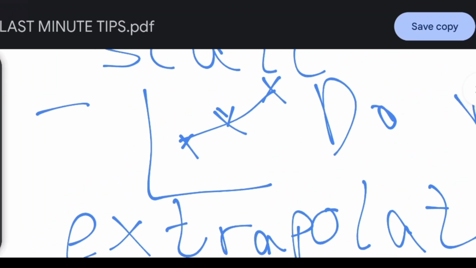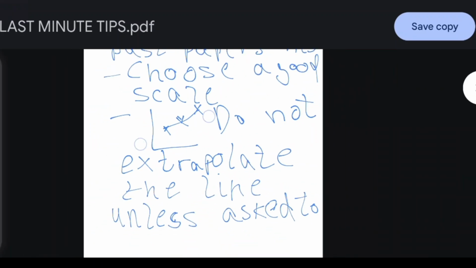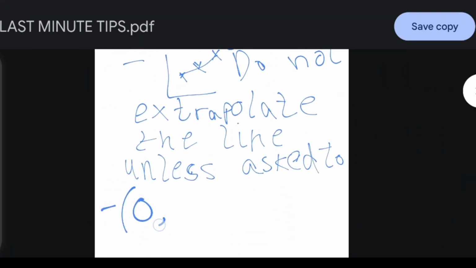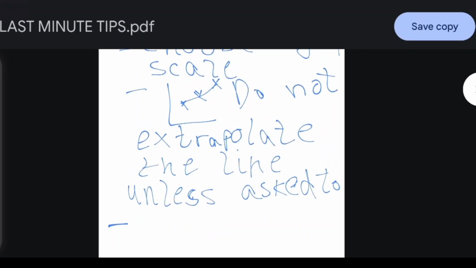By extrapolate, I mean you extend this line and make it touch the axis. Don't do that. And take care of the scale if it is 0,0. If they say start at that or don't start at that, take care of that. Read the question really properly and do not extrapolate the line unless you're asked to.